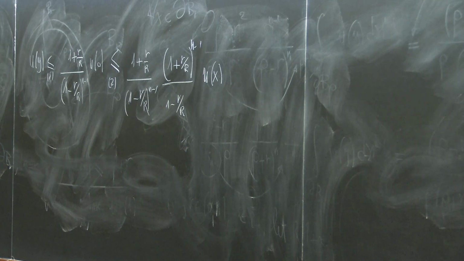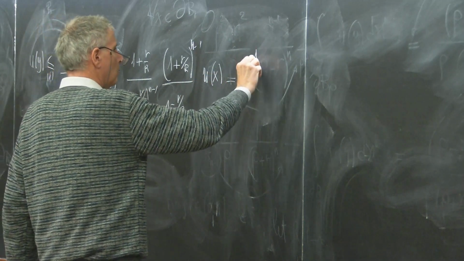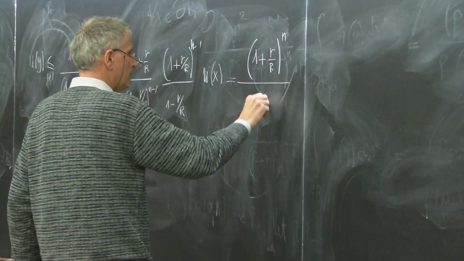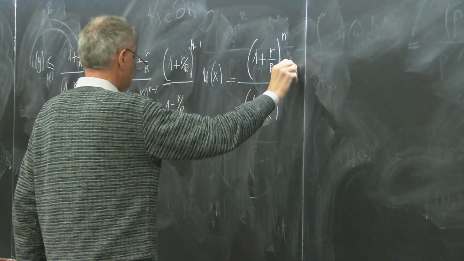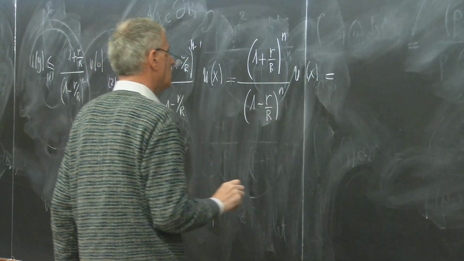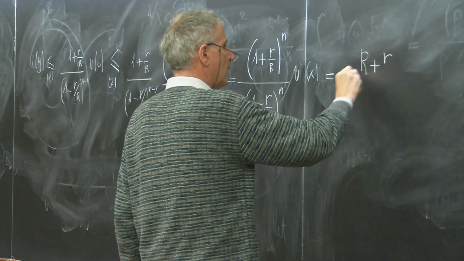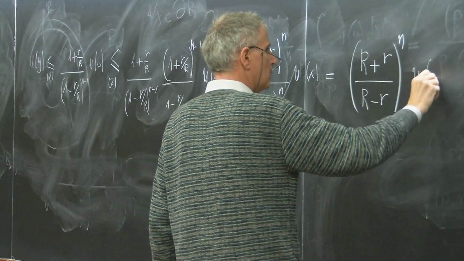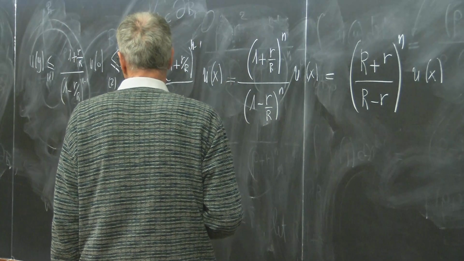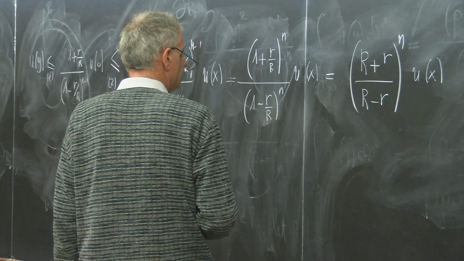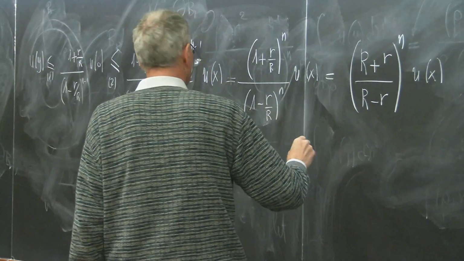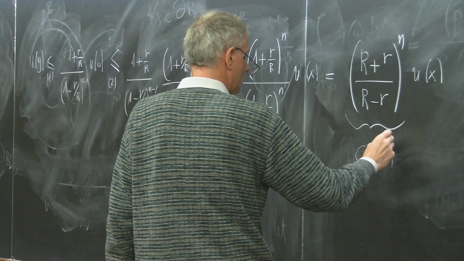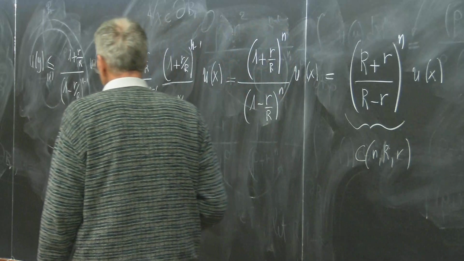So what do I get? Now I get 1 plus r over R to the n divided by 1 minus r over R to the n. So this is equal to R plus r divided by R minus r to the n, times u of x. Okay. And this, I think, is my constant.